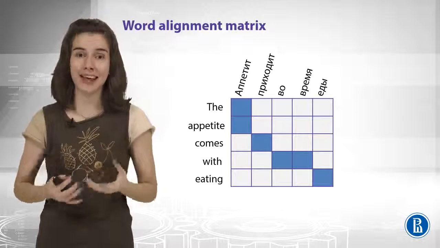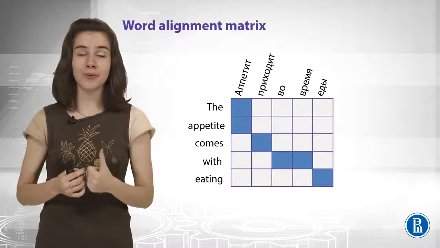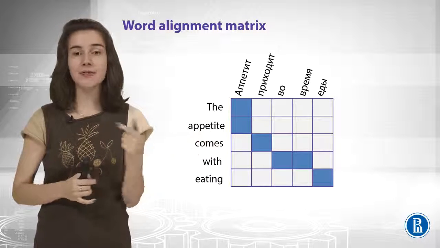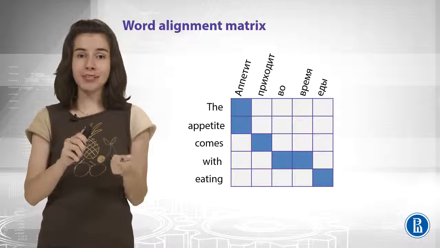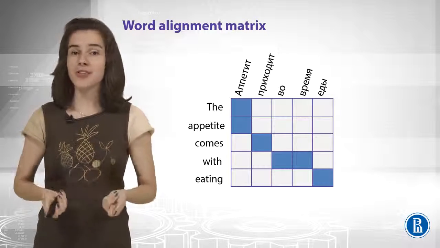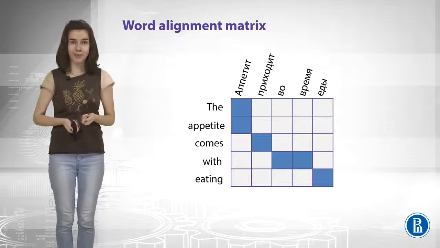Okay, now what about word alignments? How do we represent them? So the matrix of word alignments is one nice way to do this. You have one sentence and another sentence, and you have zeros or ones in the matrix. So you know which words correspond to each other. Now, how many matrices do we have here? Well, actually it is a huge amount of matrices.